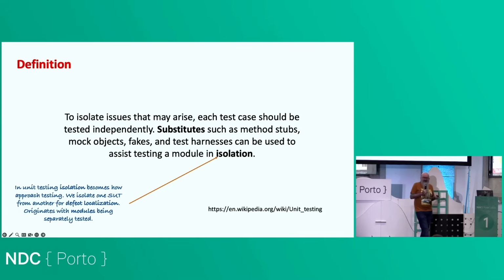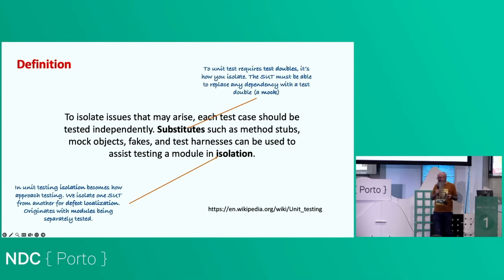So there are some problems with that, right? The first problem is there's a lot of focus on isolation in TDD, right? The idea is that for defect localization, I need to understand that all the errors are in this component, not one of its collaborators. Therefore, I must use substitutes that I understand for all of its collaborators.